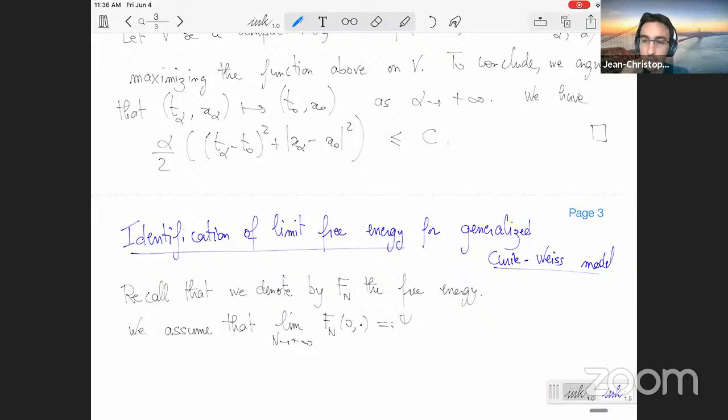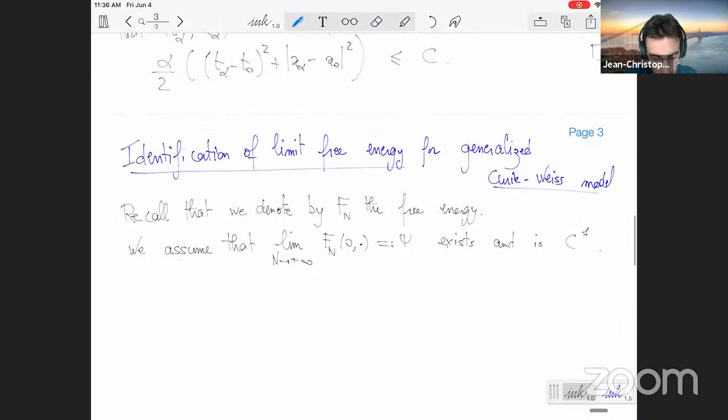I'm going to call it psi as usual, the limit. So we assume that this limit exists and is of class C1. Okay, this matches the assumption we have made for large deviations. And from there, I want to say that the limit of this Fn is the viscosity solution of the relevant equation.